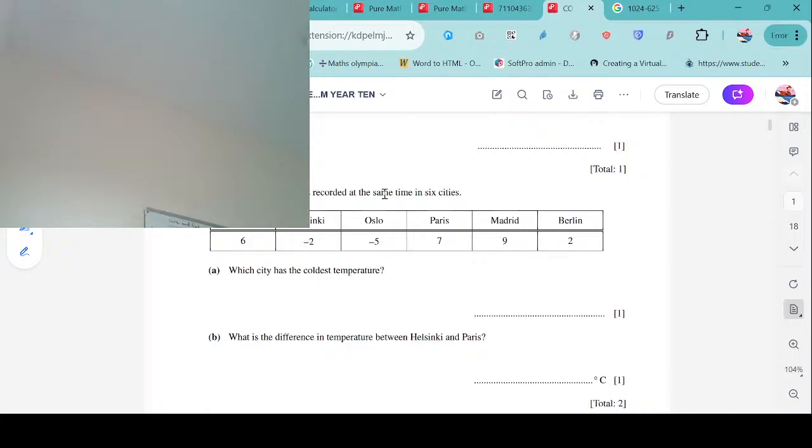Don't make a mistake and say 7 minus 2, 5. It's not 5, except if this one is 2 and this one is 7. If one is positive and one is negative, the difference is to add both.